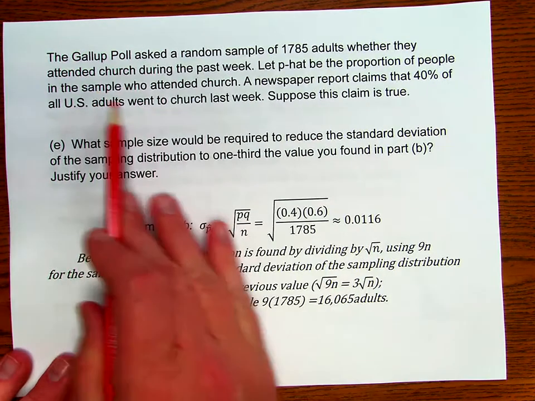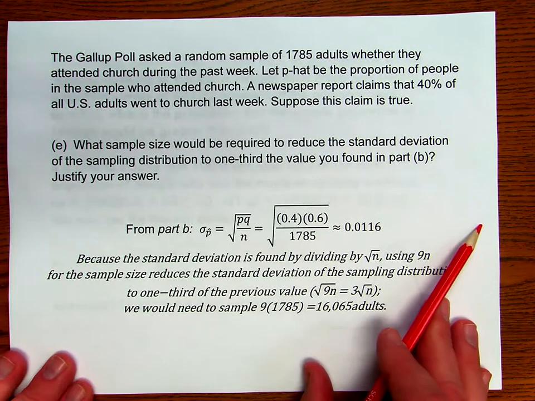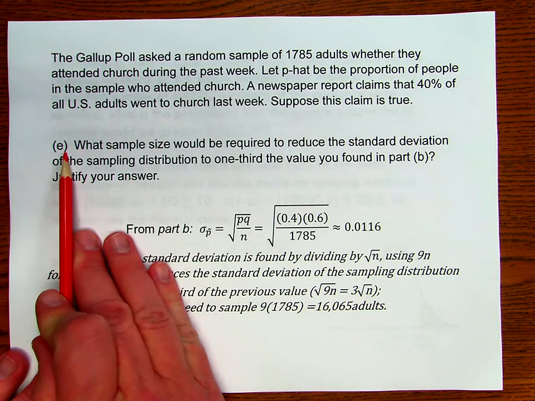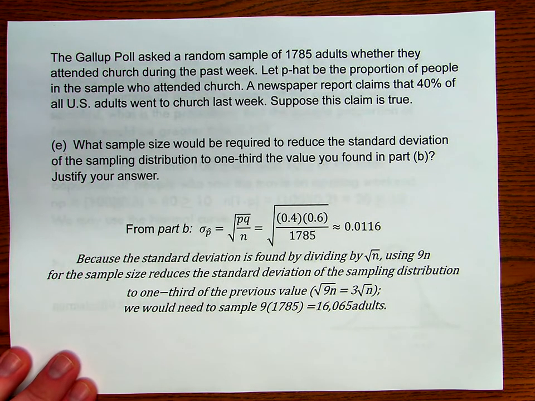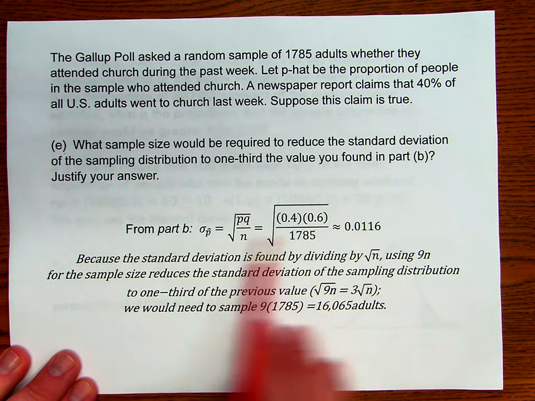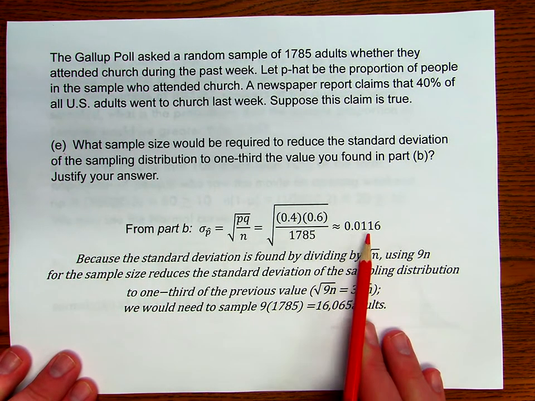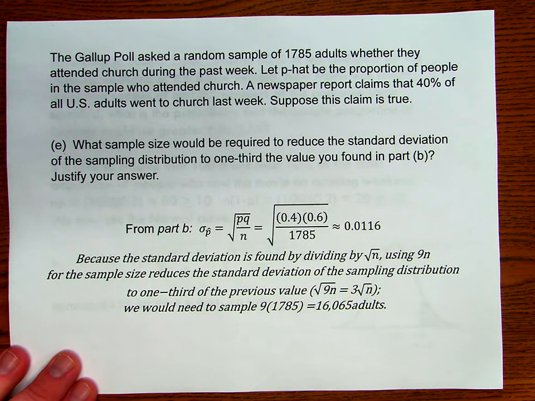Same scenario about asking people if they go to church. Next question. What sample size would be required to reduce the standard deviation of your sampling distribution to 1/3 of the value you found in Part B? Justify your answer. So as a reminder, this is what we found in Part B. We want that to be 1/3 the size.